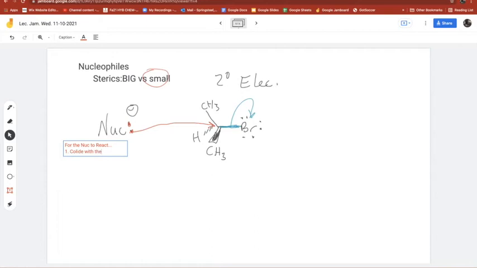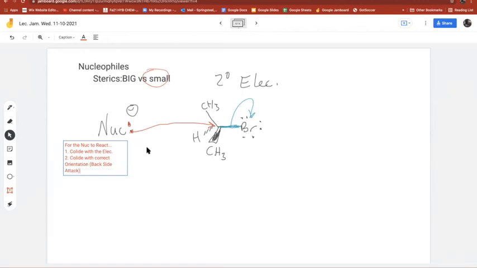Collide with the electrophile, right? Two, it has to collide which way? With correct orientation, right? It has to be a backside attack. That's what we believe.